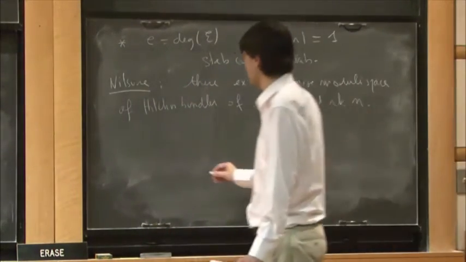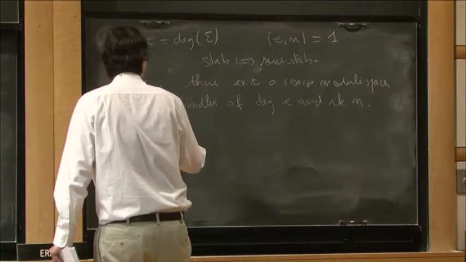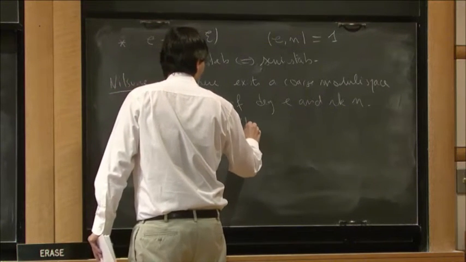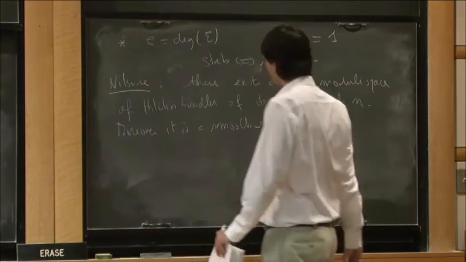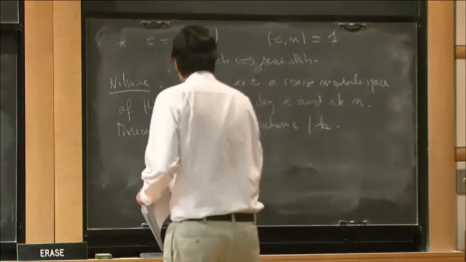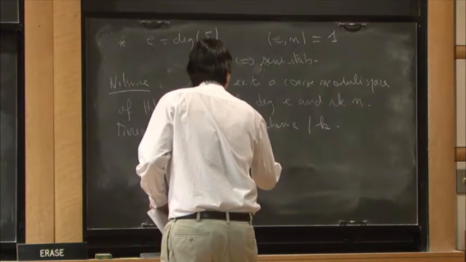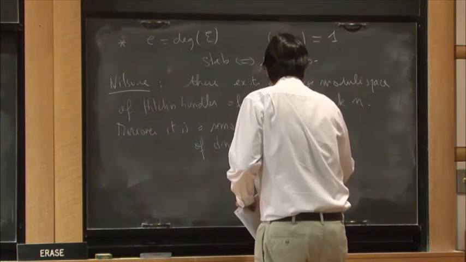Moreover, it is a smooth scheme over the base field K, and it is of dimension n square times (d plus 1).